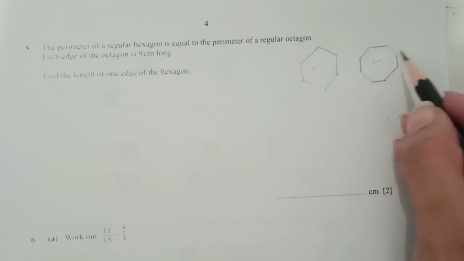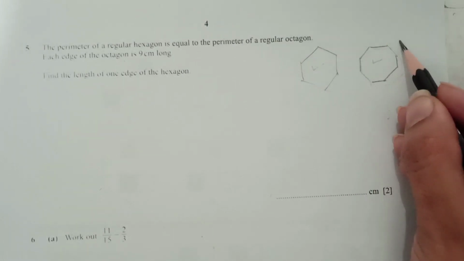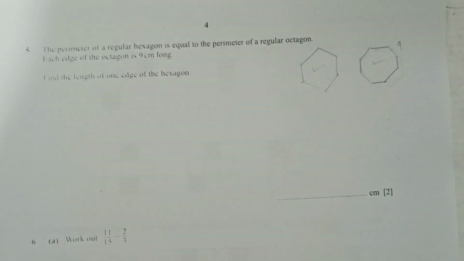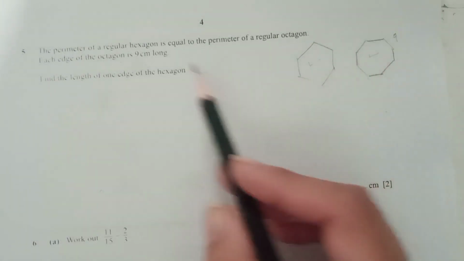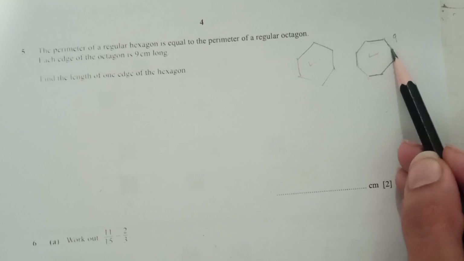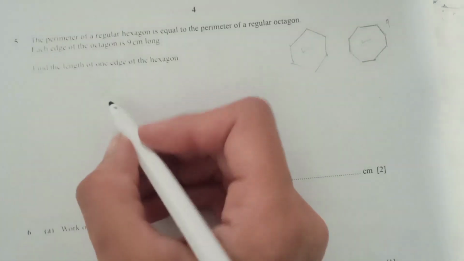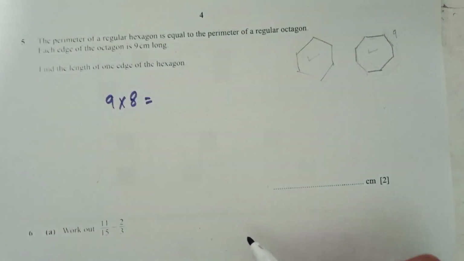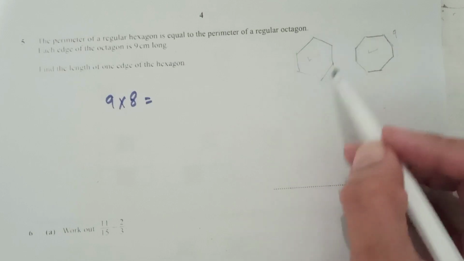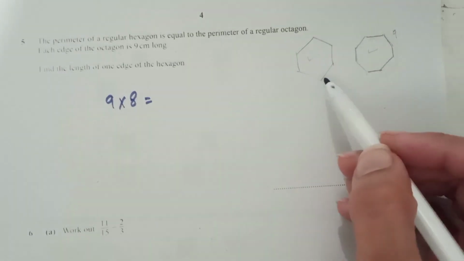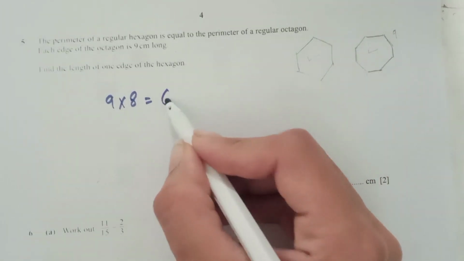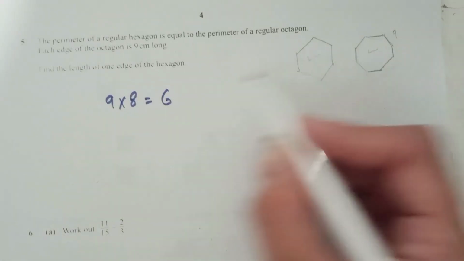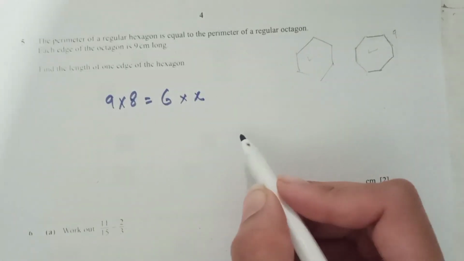The edge of the octagon is equal to 9. It means the perimeter is equal to the total of the sides. Each edge is 9 centimeters long, so we have to multiply it by 8. 9 multiplied by 8, and this perimeter is equal to this side. Its edges are 6, and we have to find the length of this edge, which we call x.